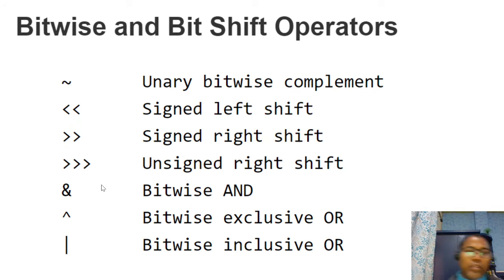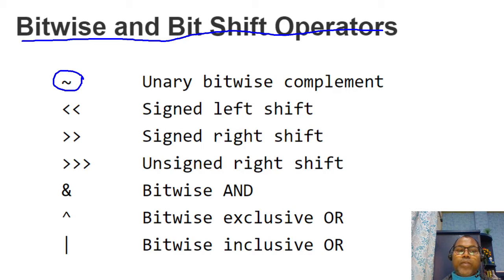One more thing about operators: the bitwise and bit shift operators. These are unary bitwise operators. Let's say you have a four, which in binary we write as 100. The unary operator means the bitwise complement of this. Similarly, this symbol is known as a signed left shift, shifting the number of bits.